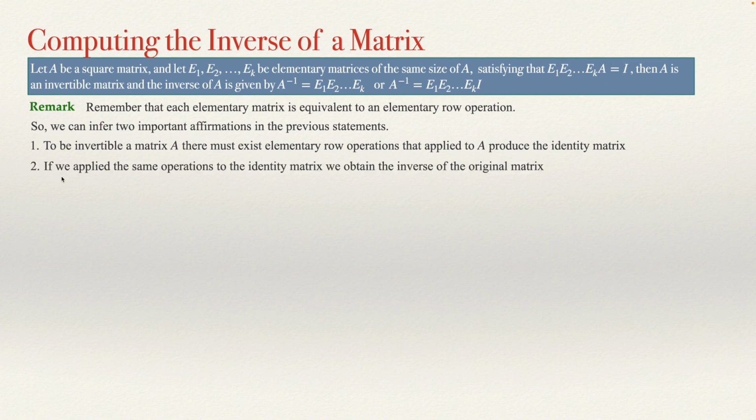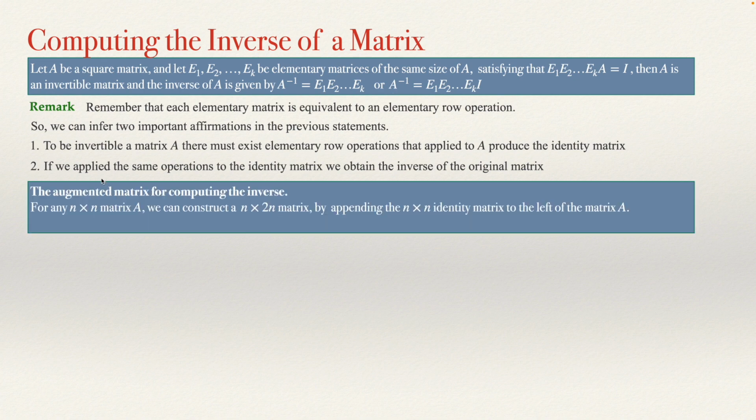And second, if we apply the same operations that I made to transform A into the identity to the identity itself, I'm going to find the inverse of A. So this statement gives me a way to find the inverse of a matrix. And for doing that, we're going to use something called the augmented matrix for computing the inverse.